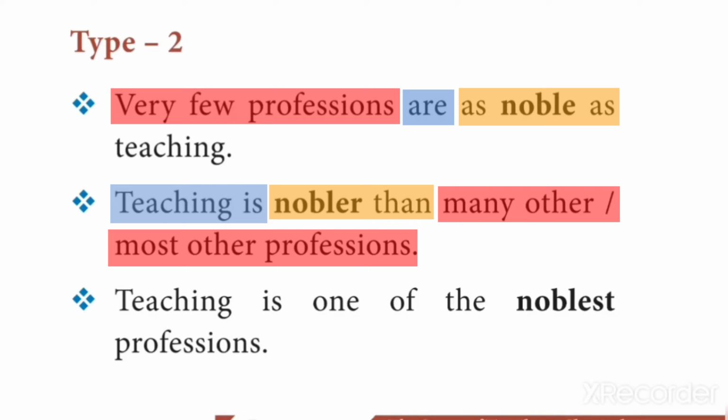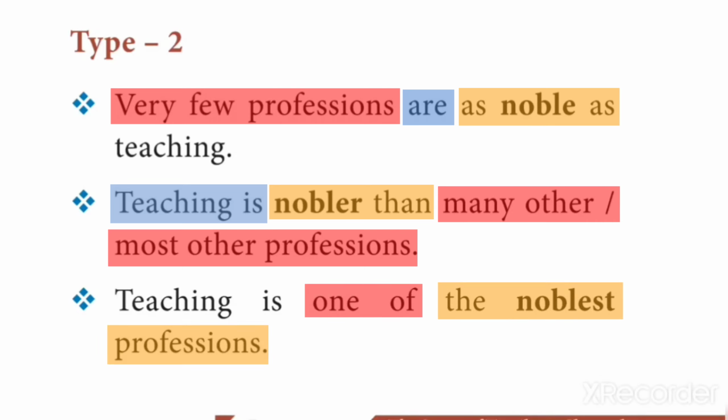The comparative degree adjective is followed by the preposition than, and it is followed by the phrase many other or most other, which is followed by a plural noun. These are the things you should pay your attention to, or you should make note of. Coming to the superlative degree, teaching is one of the noblest professions. You see the phrase one of the noblest.